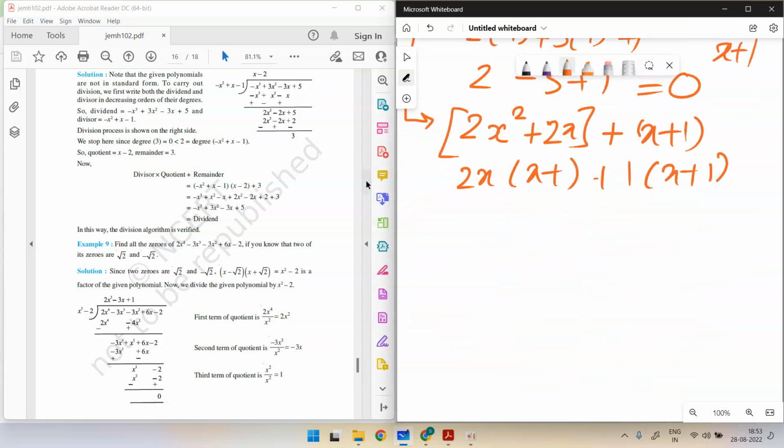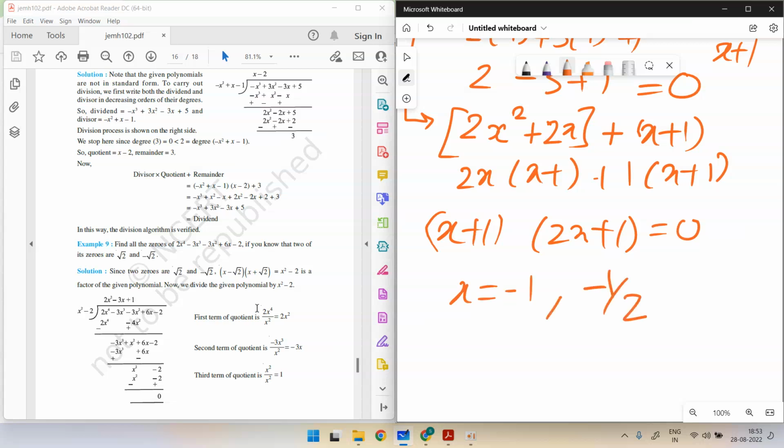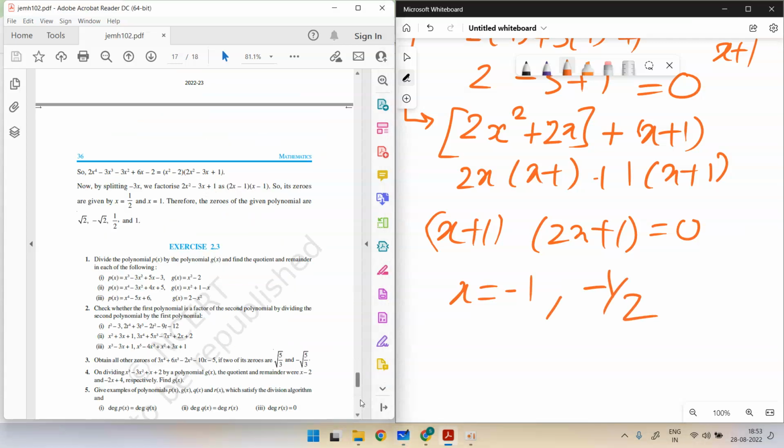Now if you take x plus 1 common, it will become 2x plus 1 equal to 0, which implies that x equal to minus 1 or x equal to minus half are the other roots, other zeros of this.